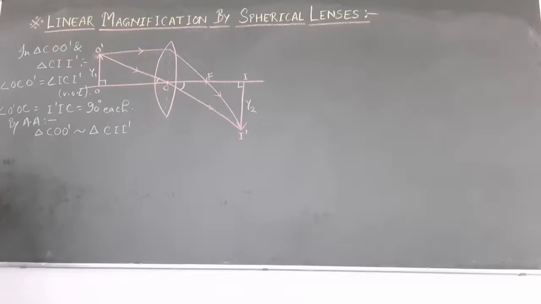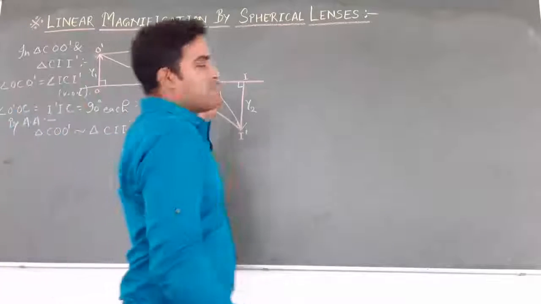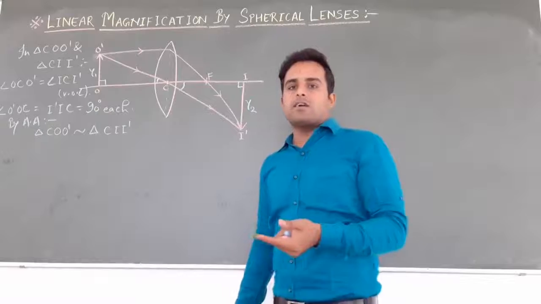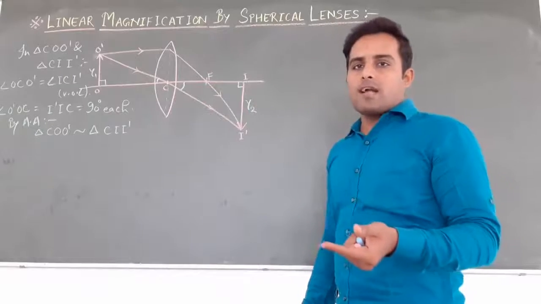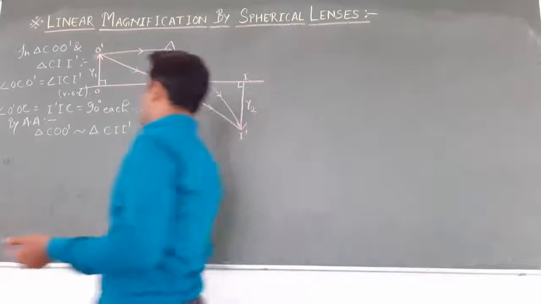Both become similar. So if these two triangles are similar, the ratio of their corresponding sides will also be equal.